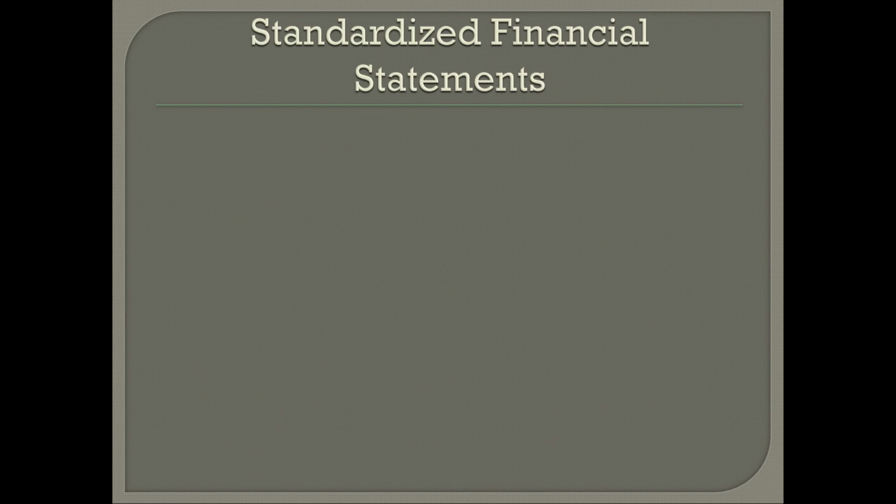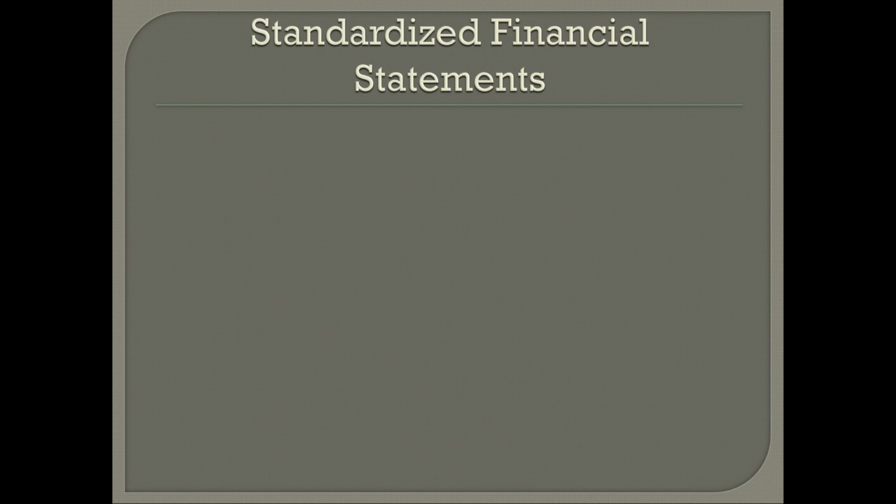So to begin, the first thing that we will be doing here is standardizing financial statements. Oftentimes it is very difficult to compare two companies. It's almost impossible to directly compare the financial statements of two companies simply because of the different sizes of the companies you are evaluating.